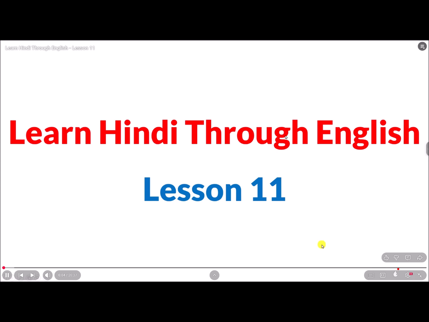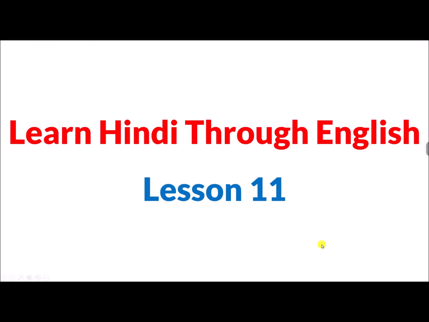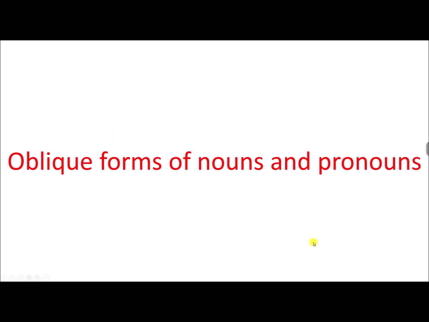This is lesson 11 of Learn Hindi through English series, and in this lesson we will learn the oblique forms of nouns and pronouns. In this video, I'll tell you the rules to form oblique nouns and pronouns. In the next video, I'll tell you how and where these oblique forms must be used.